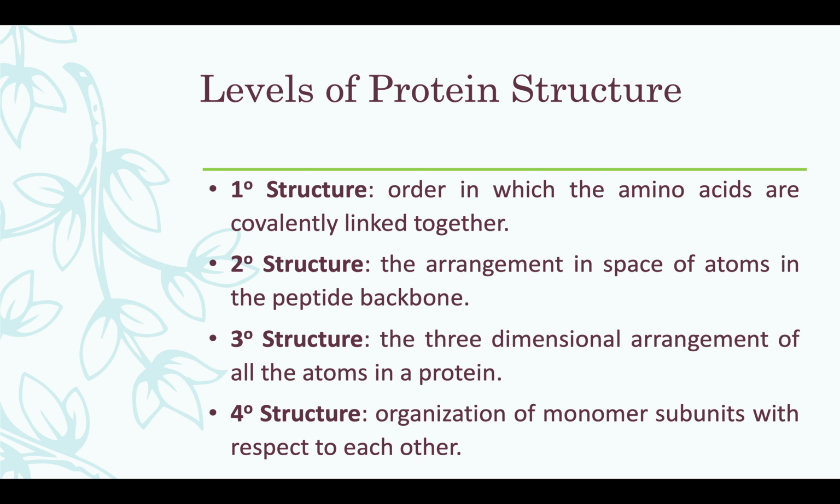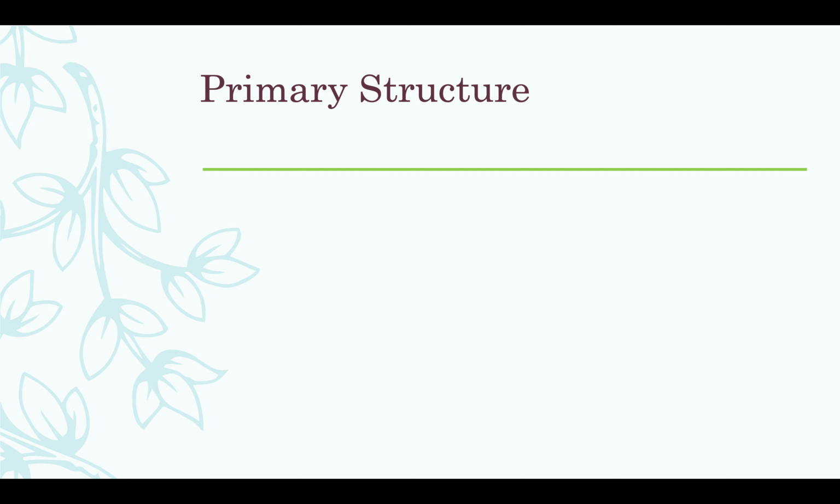So what are the levels of protein structure? We actually have 4 levels, which are listed here. You can just go through this and we'll be discussing this one by one on the following slides. The first level of protein structure is the primary structure.